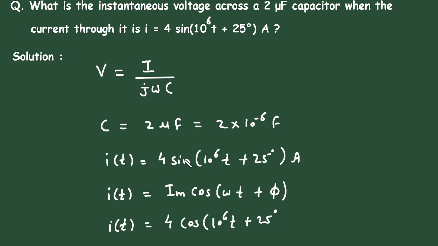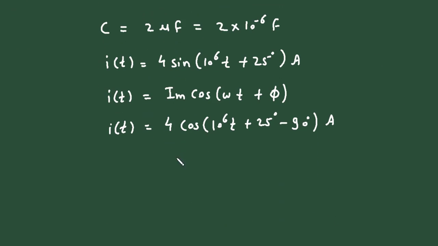Now since we change from sine to cosine, we have to add minus 90 degrees here, and its unit will be ampere. Now i(t) = 4 cos(10^6 t - 65 degrees) ampere.